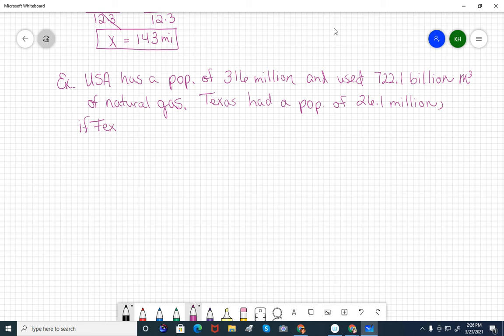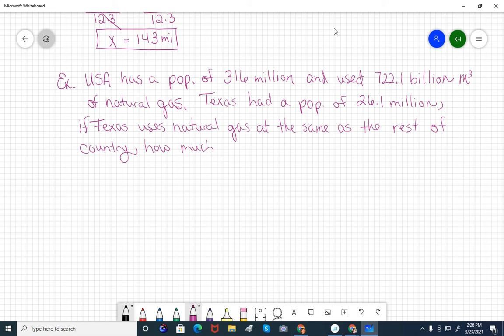If Texas uses natural gas at the same rate as the rest of the country, how much did it use in 2012? All of this is from 2012.